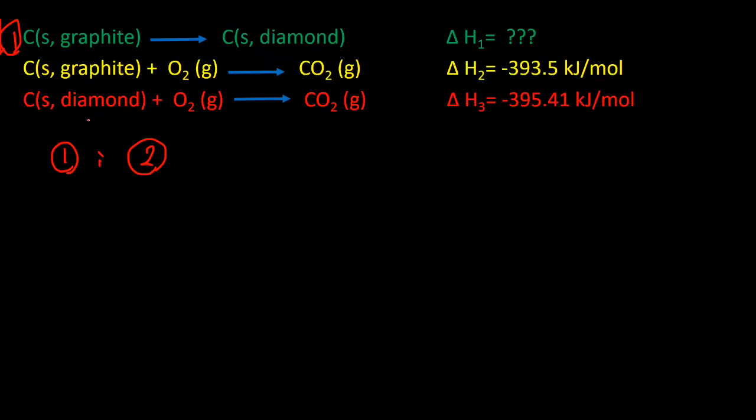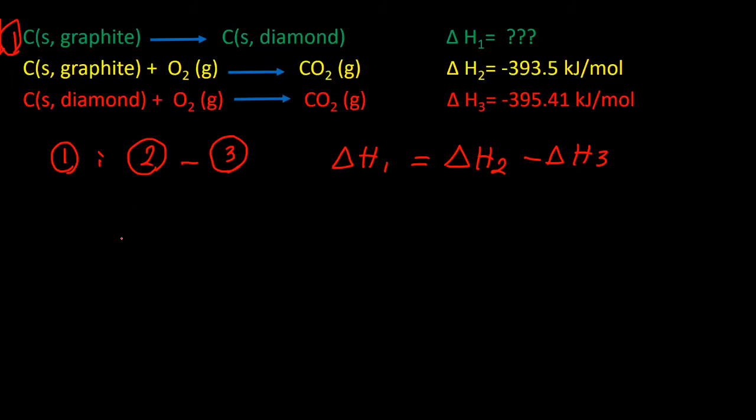But in reaction number 3, I have diamond in my reactant, with the same coefficient. So I need to reverse reaction number 3, so I can say minus reaction number 3. Or I can say delta H for reaction number 1 should be delta H for reaction number 2 minus delta H for reaction number 3.